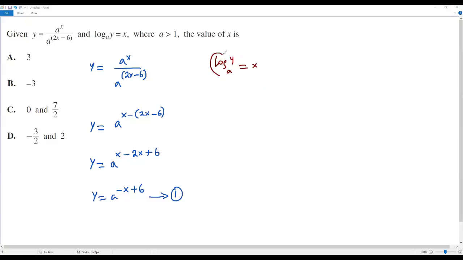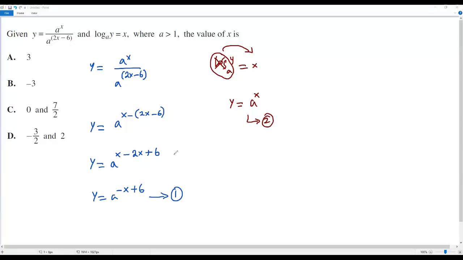For that, we move this logarithm with its base a to the other side, ignoring the logarithm and considering only the base a. The stuff which already exists on the other side becomes the exponent of this base a. On the left side, we just have y. So now this equation has been solved for y in terms of x: y equals a^x. This is equation number 2.